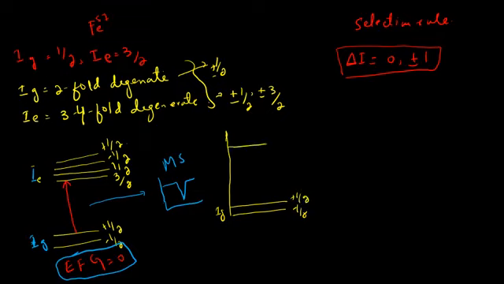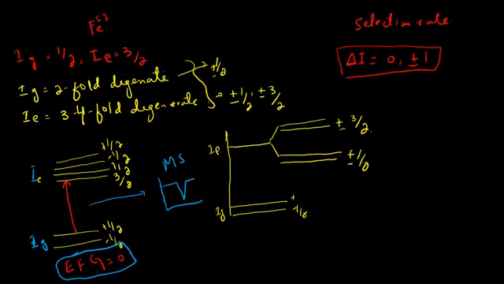But in the excited state, there will be a split in the energy levels, plus minus 1 by 2 and plus minus 3 by 2. So there will be a split in energy when the electric field gradient is not equal to 0.